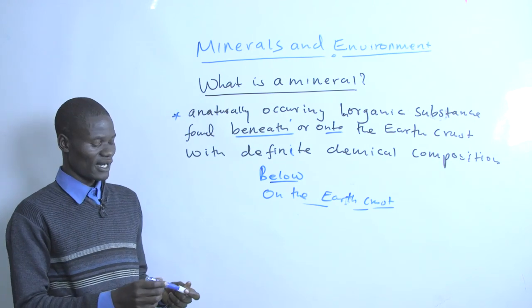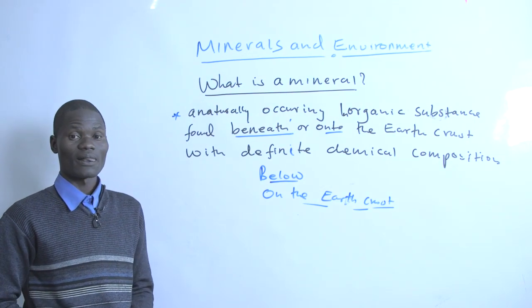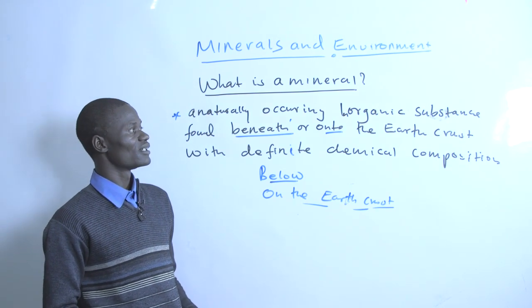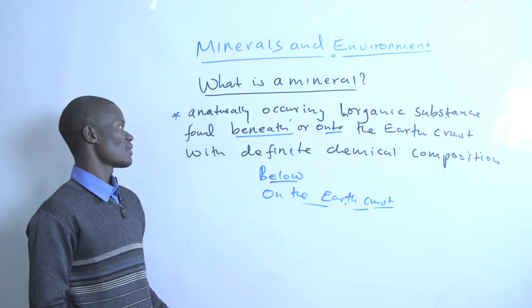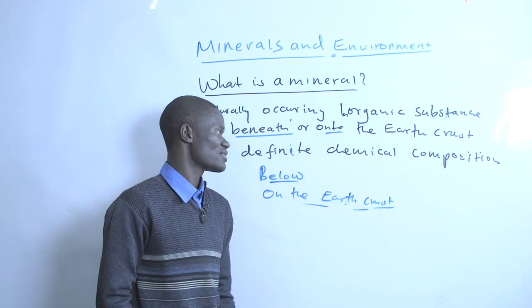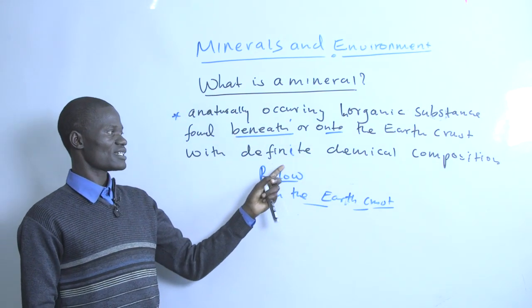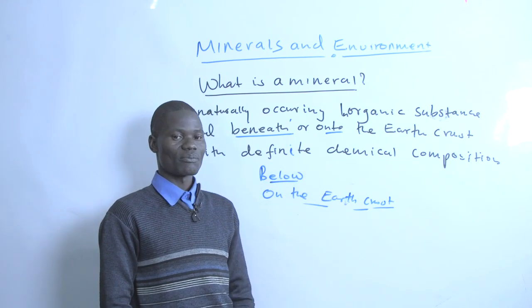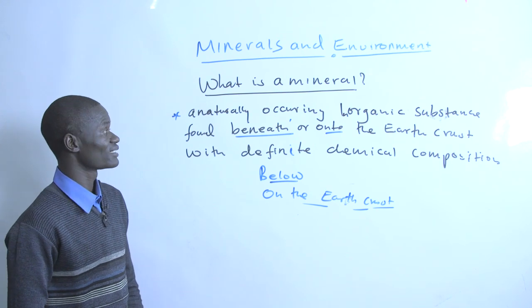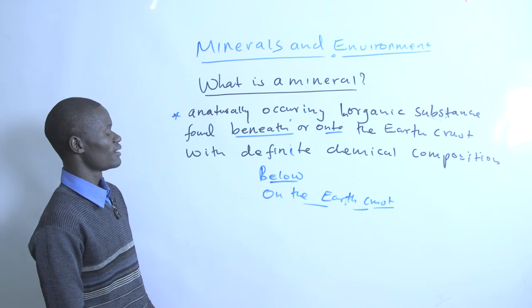We were looking at a mineral. We have learned that a mineral is a naturally occurring inorganic substance that is found beneath or onto the earth crust with a definite chemical composition. That is our understanding of the mineral.